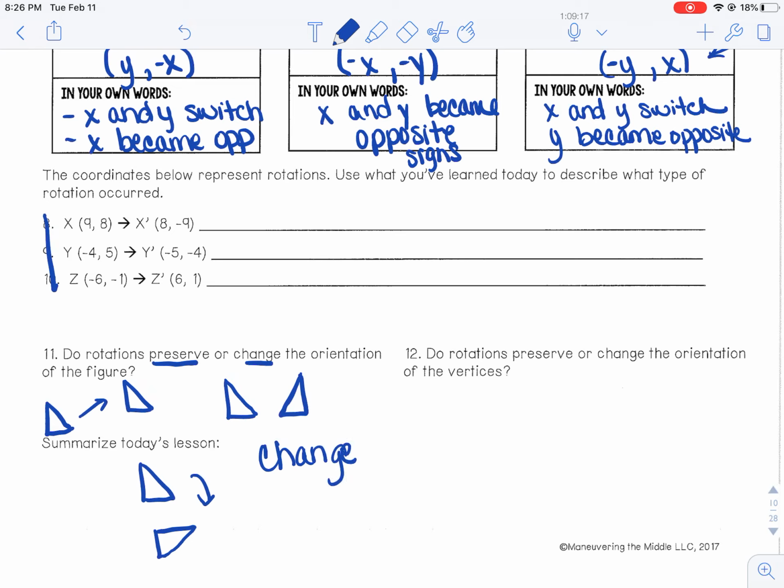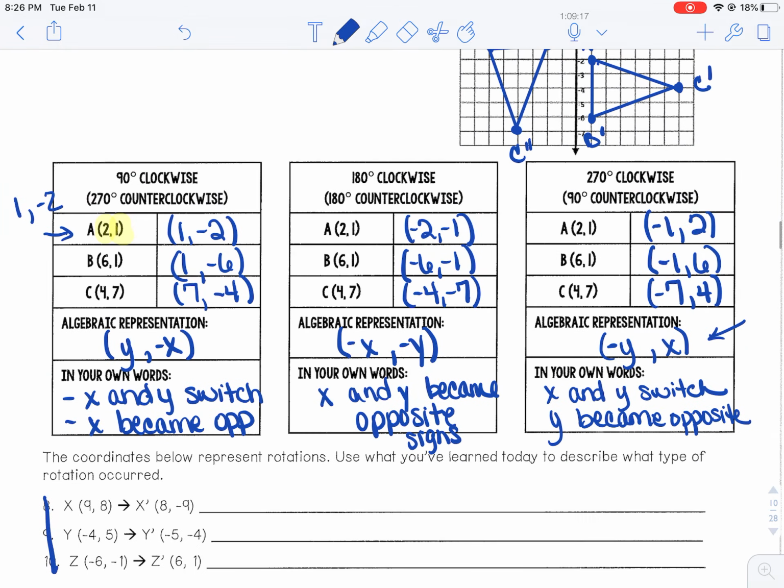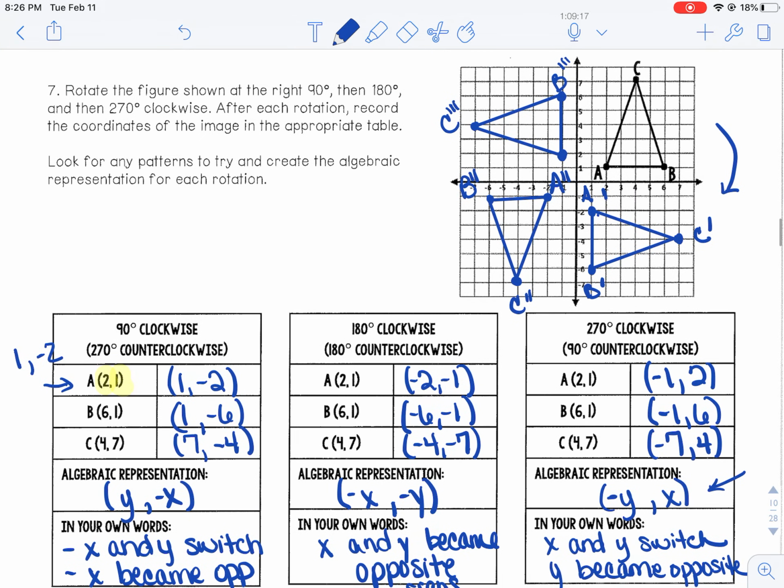What about the orientation of the vertices? Okay, so let's take a look. Remember what we talked about with that. If I start at A and then go to B and then go to C, that would be a counterclockwise position.